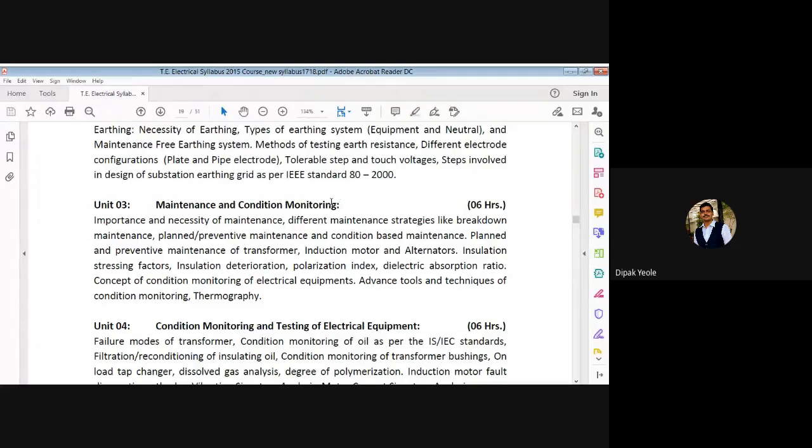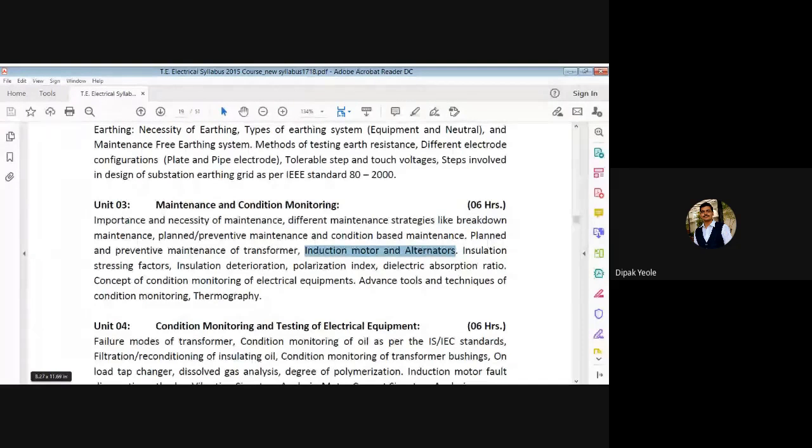Okay. So this part we have discussed last time: maintenance of a transformer and maintenance of an induction motor. Let's quickly revise what we discussed in the last class. We know that the transformer is a static device, and induction motors and alternators are rotating devices, under the category of rotating equipment.